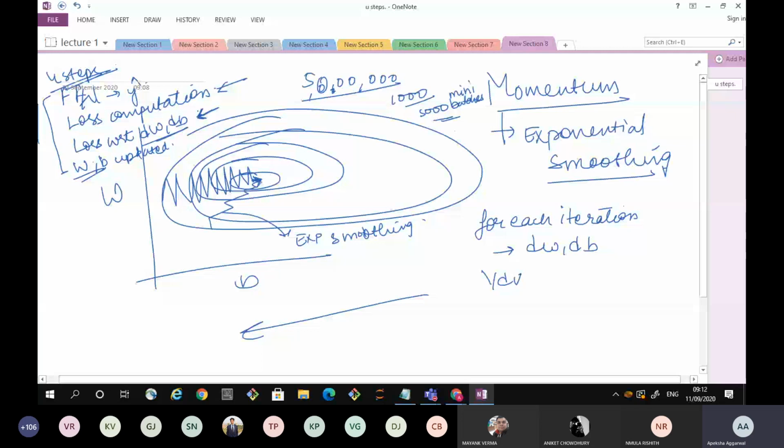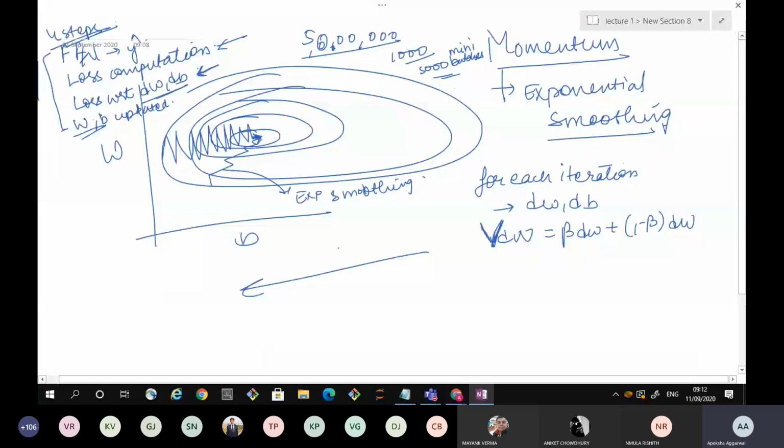V is the notation for smoothing. vdw equals beta vdw plus 1 minus beta dw, and vdb equals beta vdb plus 1 minus beta db.